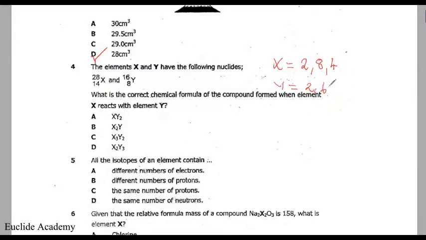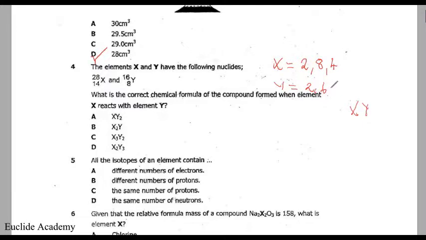Okay, so what we're going to have here is we need to share. These are non-metals, so they are going to share electrons for them to form a bond. So you have X and Y, and now you need two of the Y's.